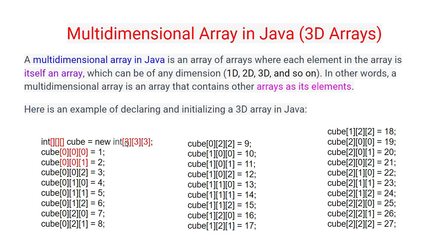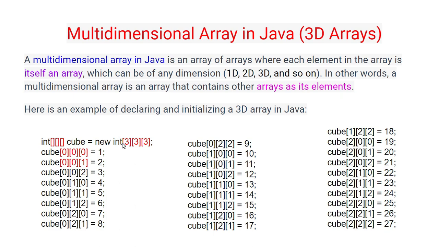Why? Because 3 multiplied by 3 is 9, and 9 multiplied by 3 is 27. So this array is capable of storing 27 values. If you create 2 by 2 by 2, 2 times 2 is 4, 4 times 2 is 8, so that is capable of storing 8 data.